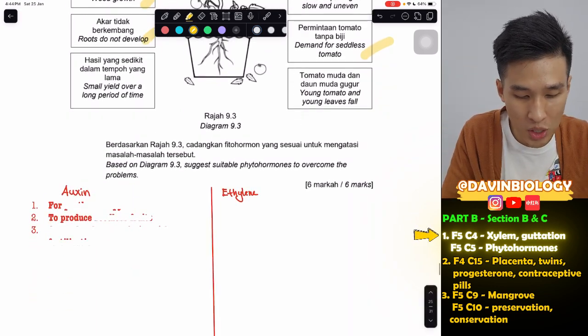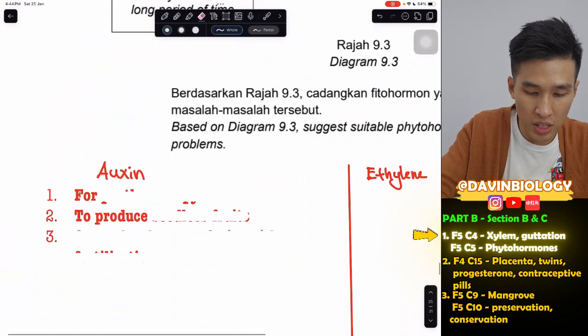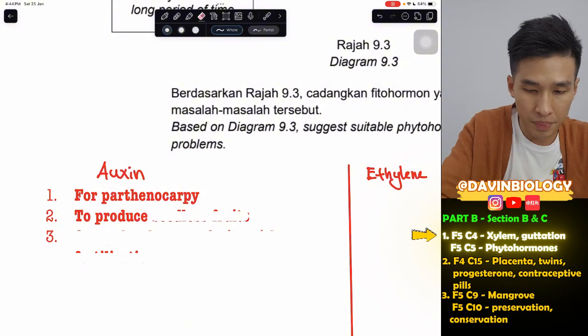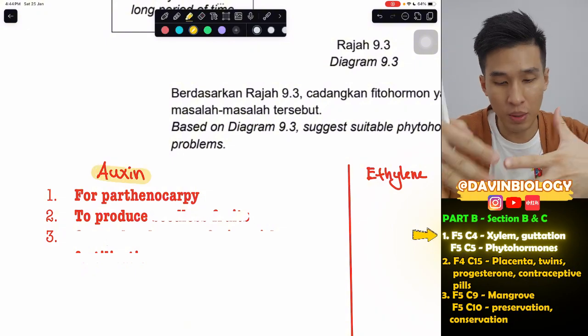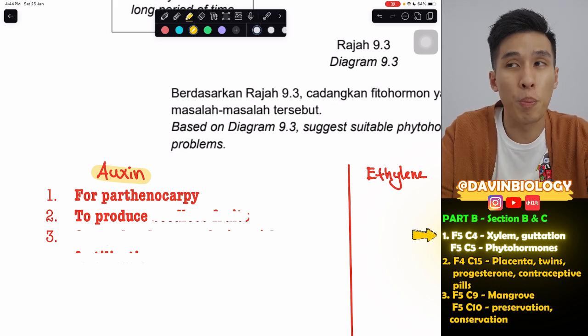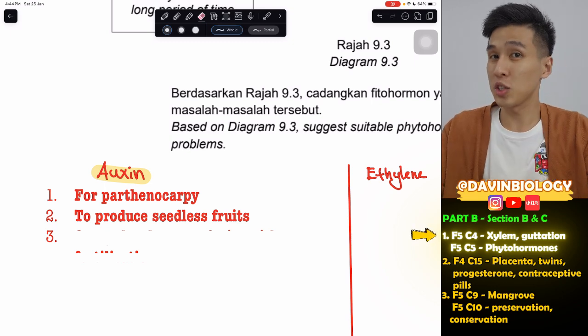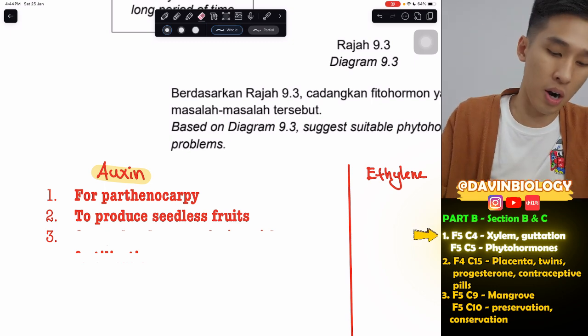Okay, so number one, the easiest one, this one, seedless, the parthenocarpy. So auxin, you can say number one. You write auxin, you get 1 mark. So you can say number one, auxin, which is used for parthenocarpy. Parthenocarpy is the method for production of seedless fruits. They want seedless tomatoes, right? So this is called parthenocarpy.